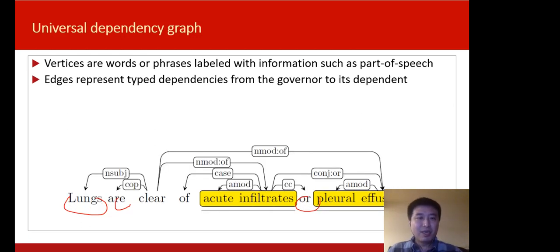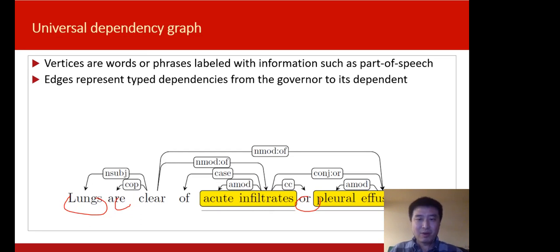Besides vertices, there are also edges to represent typed dependencies from one vertex to another. For example, there's an edge from the word clear to the word lungs with a typed dependency nsubj. It means that in this sentence, the word lungs is the subject of the sentence.